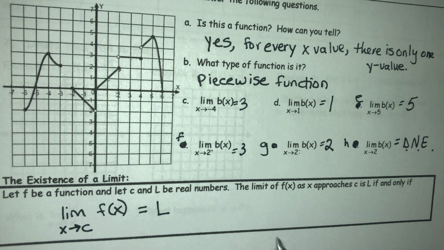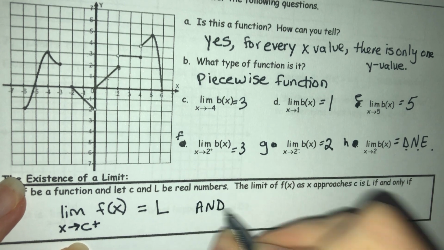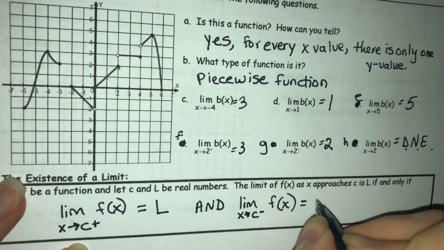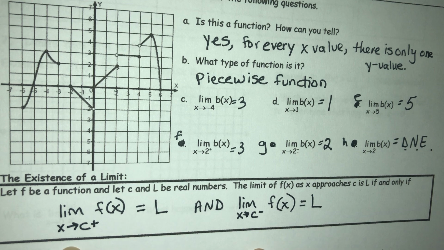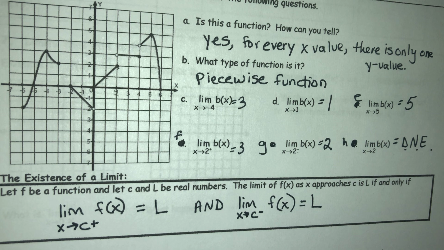Then the limit of f of x as x approaches c will equal L if, and only if, both the left and right-hand limits are equal to L. So the limit as x approaches c from the right side of f of x equals L, and the limit as x approaches c from the left side of f of x also equals L. So both your right hand and left hand limits must equal L as x is going to c on the function f of x in order for the whole limit of f of x as x approaches c to equal L.